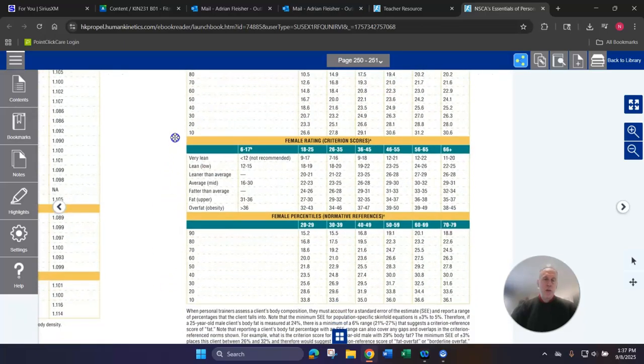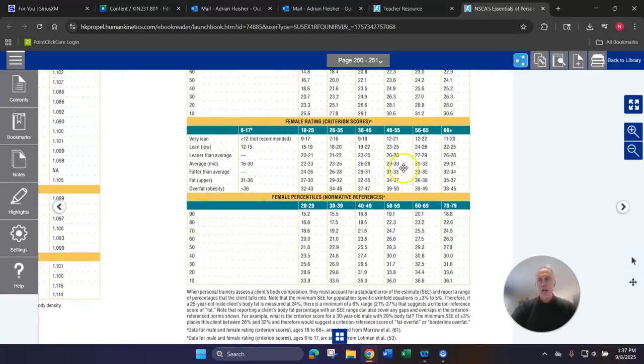Same holds true down here for females. If we had 18 as our body composition for a 50-year-old female, notice it goes to very lean. So it changes based upon the sex. Same thing here. If we had 18 for 50 to 59, that puts us in the 90th, probably 90-something percentile, 93rd, 94th percentile.